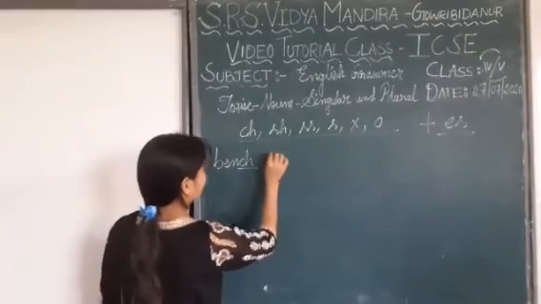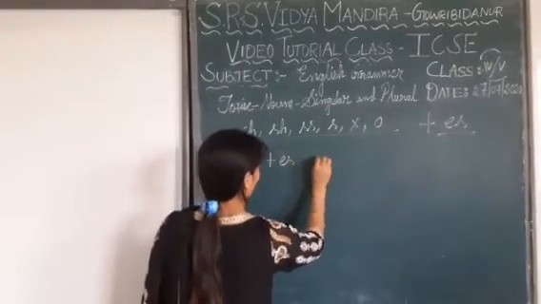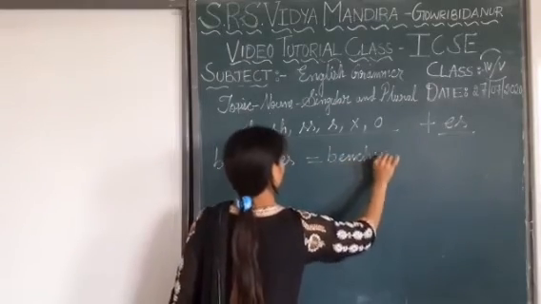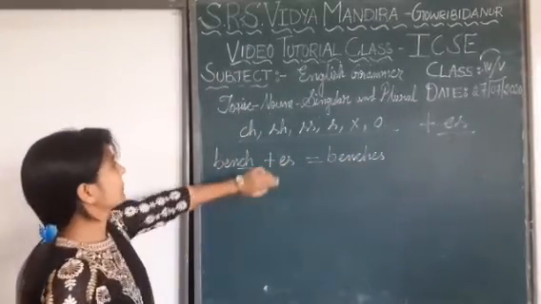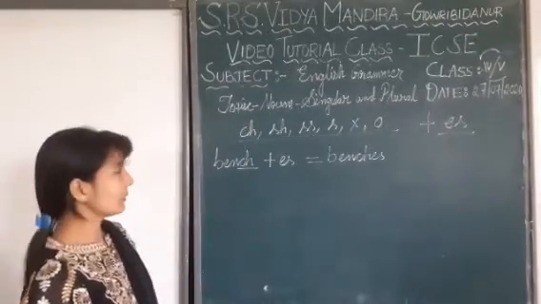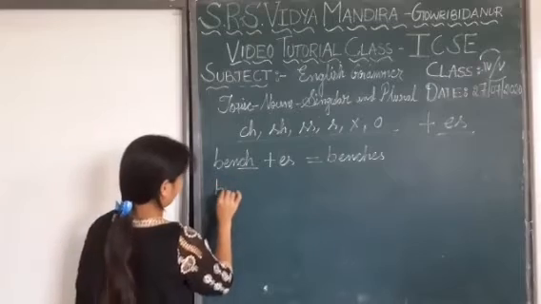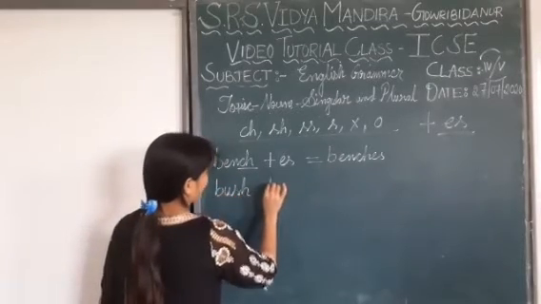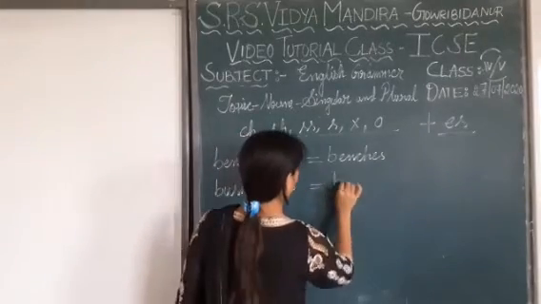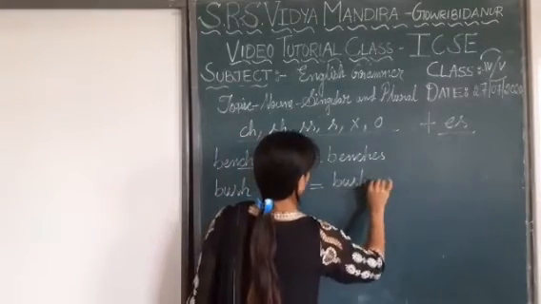So here what comes? Plus es, the answer is benches. And the second one is sh. When the words end with sh, that is also the same, we have to add es to change into plural form of the noun.